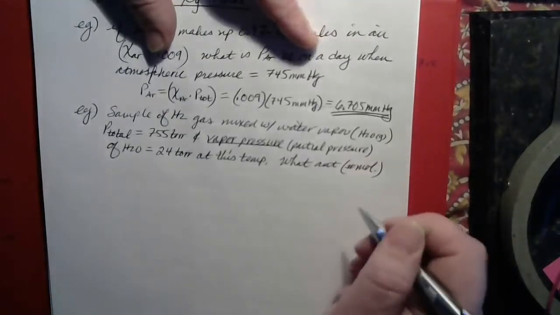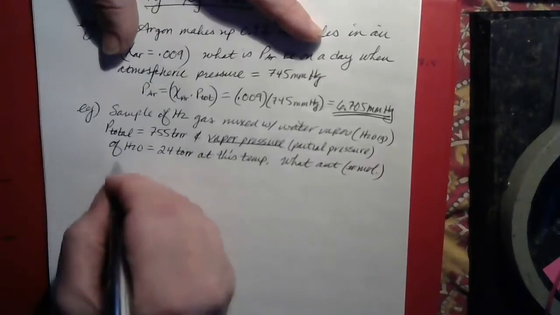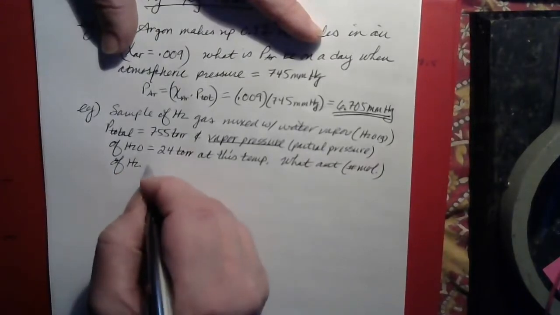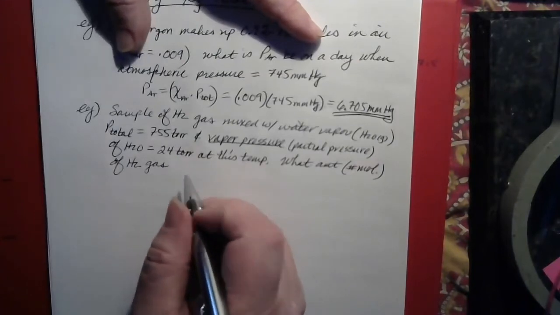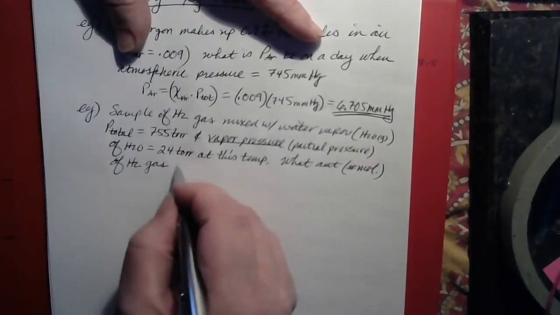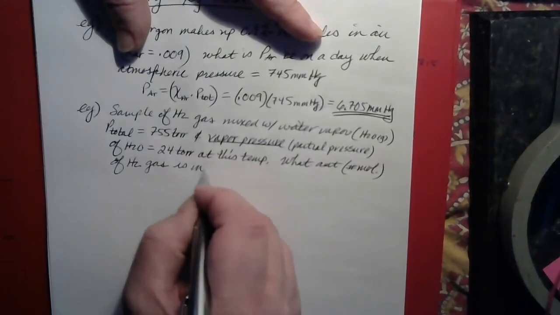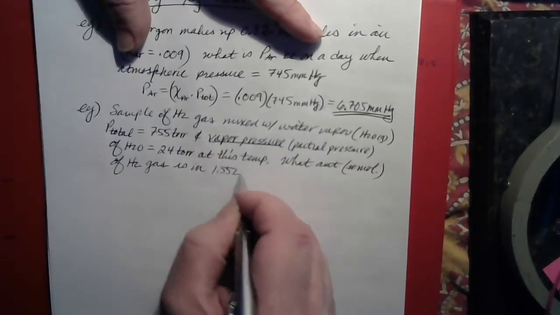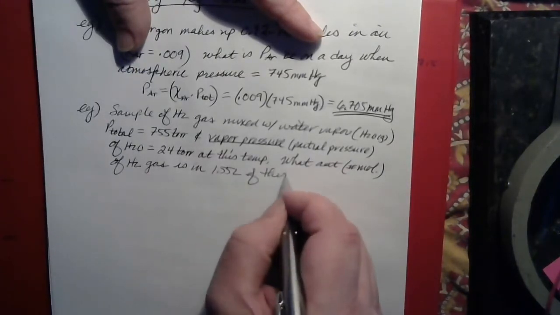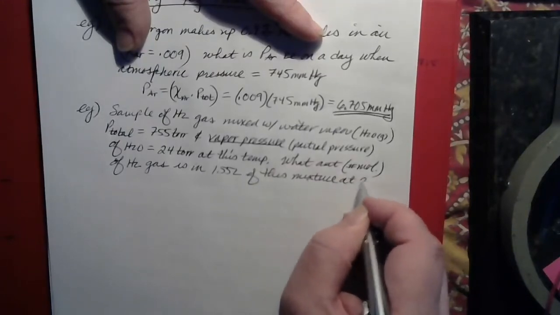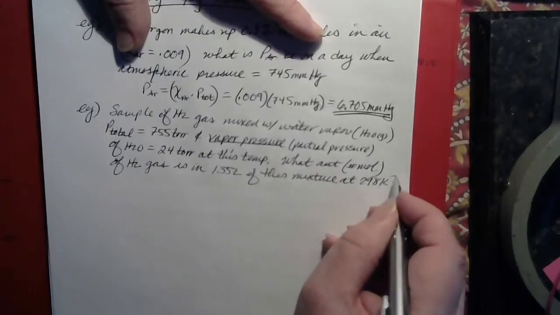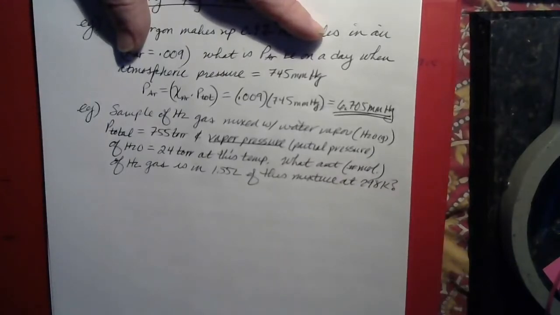So we're wondering what amount in terms of number of moles of hydrogen gas would be in 1.55 liters of this mixture at 298 kelvins.